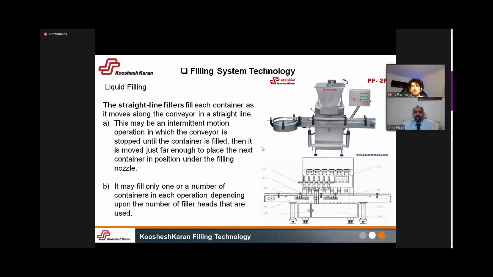Then it is moved just enough to place the next container in position under the filling nozzle. I mean, it may fill only one or a number of containers in each operation, depending on the number of filling heads and filling nozzles.